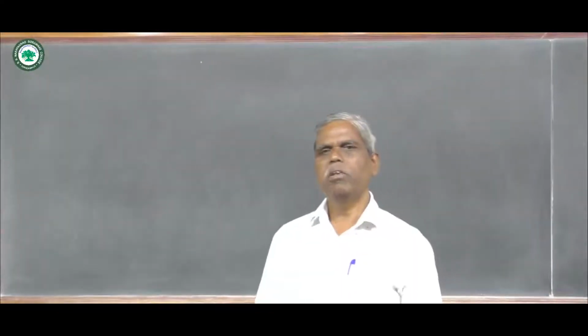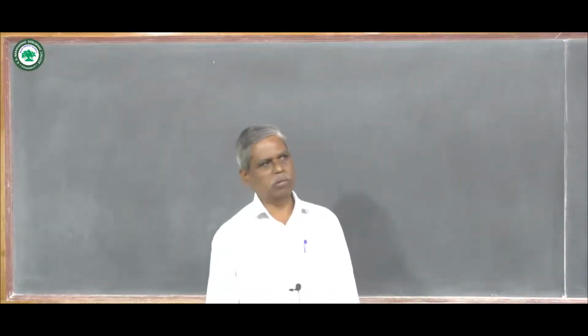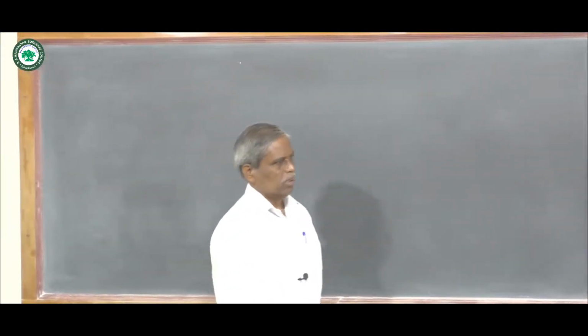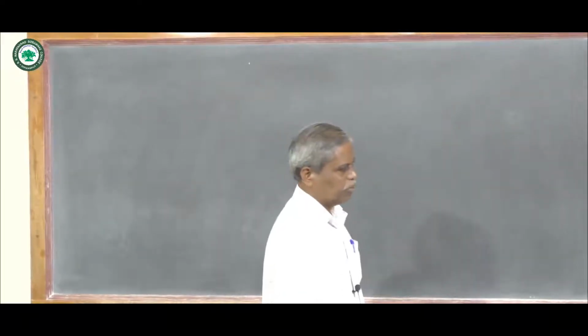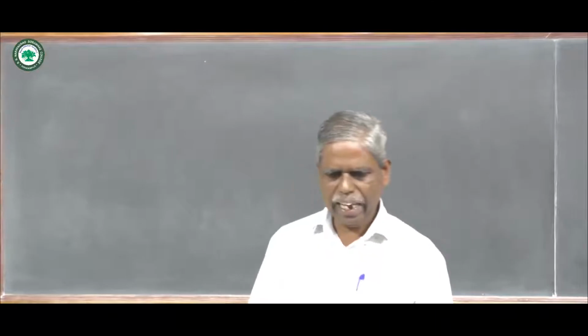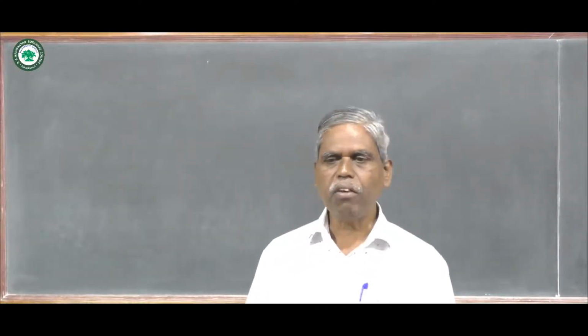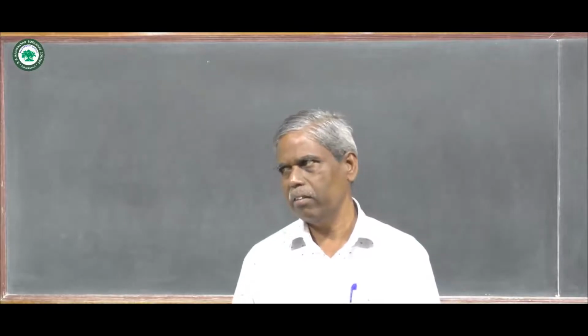Today we are going to learn conditional convergence and absolute convergence. Definition of conditional convergence. Let sigma a_n, n equal to 1 to infinity, be a series of real numbers.